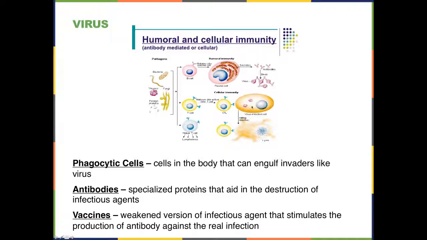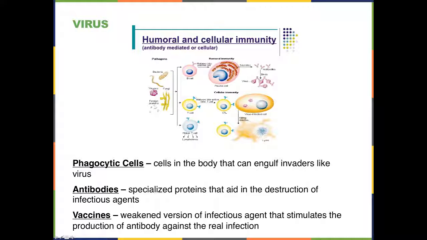Now, this is the time of the year when people get their flu vaccine. So what is a vaccine? Well, a vaccine can be a dead or weakened version of any infectious agent. In this case, it would be the flu virus. When that's injected into the animal or person, it stimulates the production of antibody.